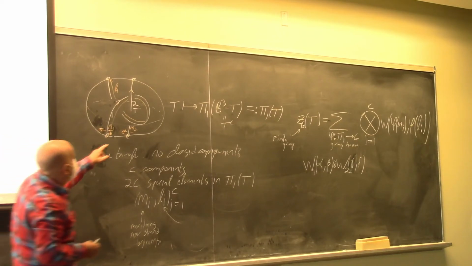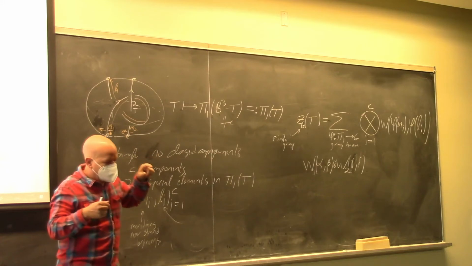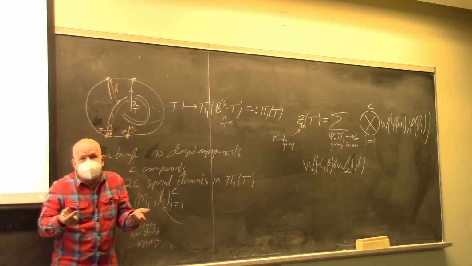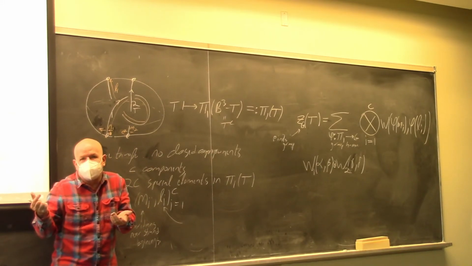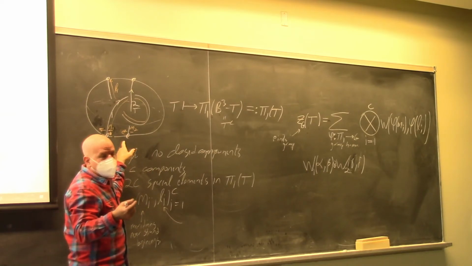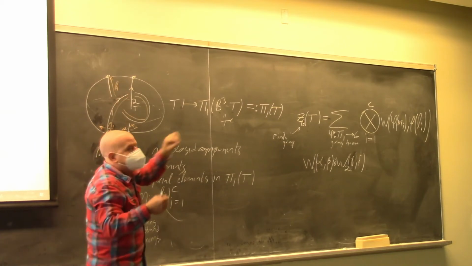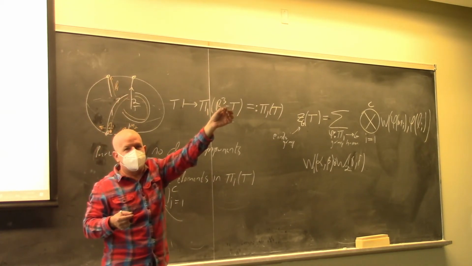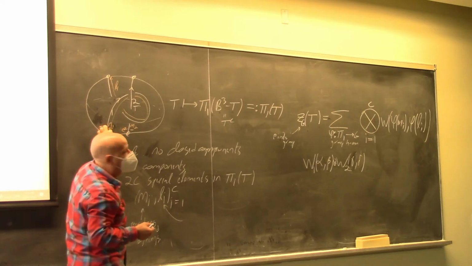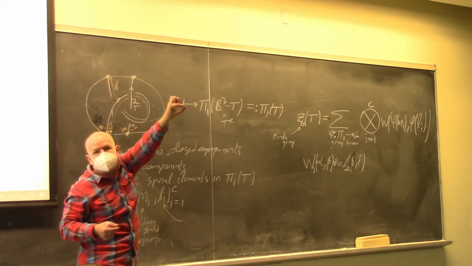Pi 1 of the complement of the tangle is all closed loops in the complement of the tangle. A longitude is a closed loop. When I drew the longitude, I said you start at the base point, you go to the tail of the longitude, you follow the longitude, and then you come back. So it's a closed loop.